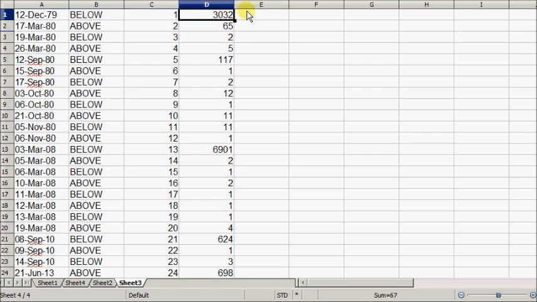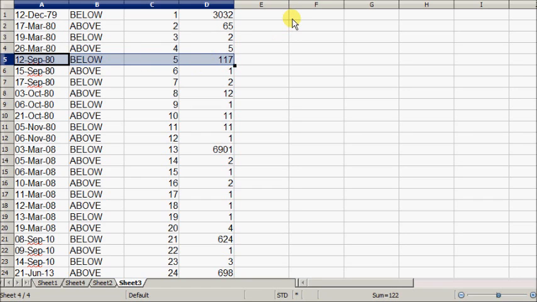So what happened was its entire life below 20. On the first day in December that it went above 20, it stayed above that point until March, or 65 consecutive days. Then you have a little bit of choppiness, and 117 consecutive days it stayed below it. And that ended on September the 12th, 1980.